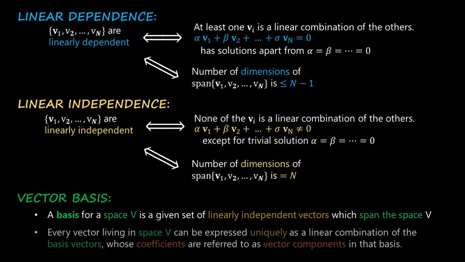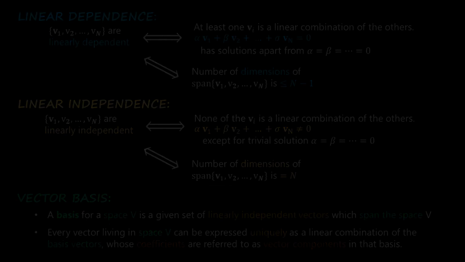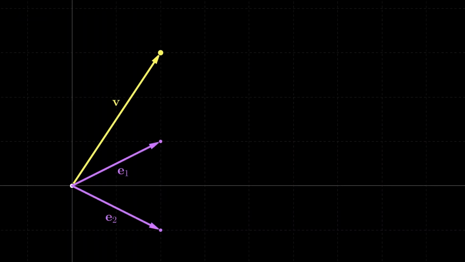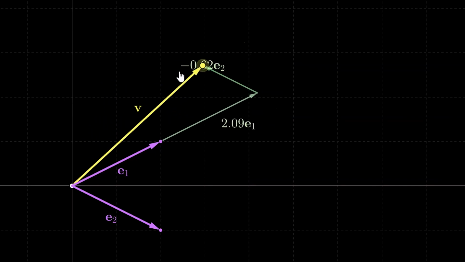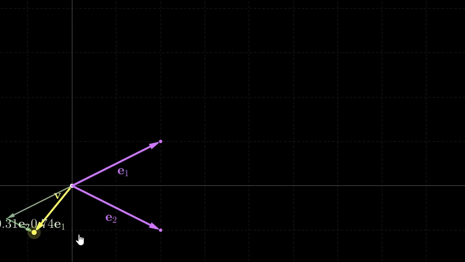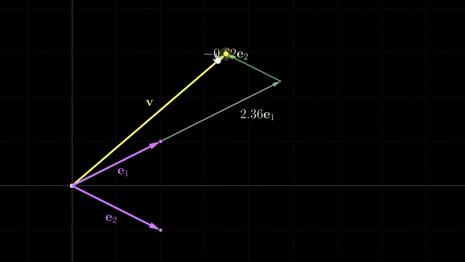Therefore, every vector living in space V can be expressed uniquely, which means in only one single way, as a linear combination of the basis vectors, whose coefficients are referred to as vector components in that basis. So, for example, in 2 dimensions, any pair of linearly independent vectors, E1 and E2, will be a successful basis for the 2-dimensional space, so that any vector can be written as a unique linear combination of the other 2.